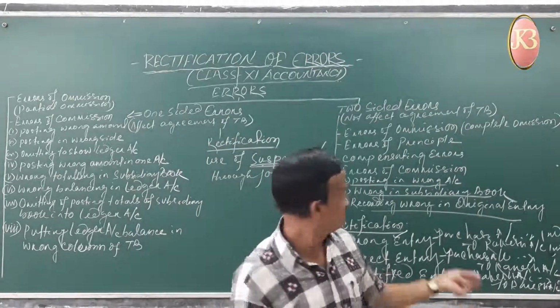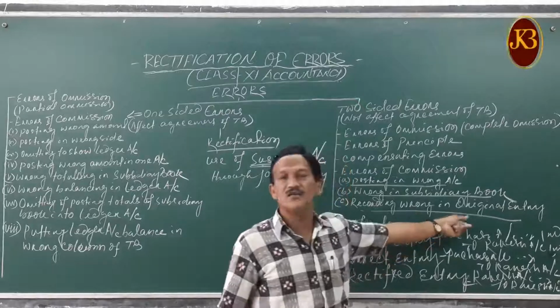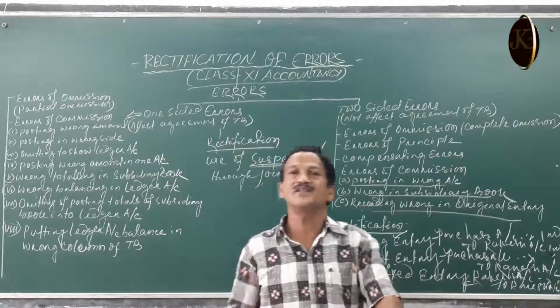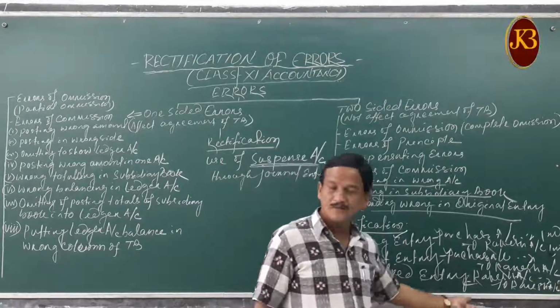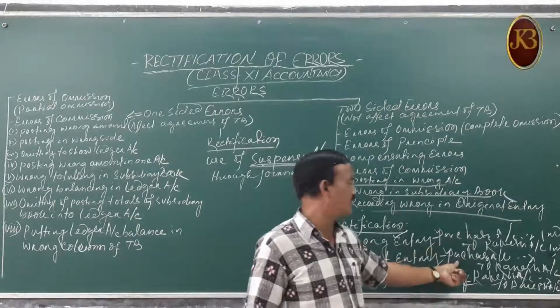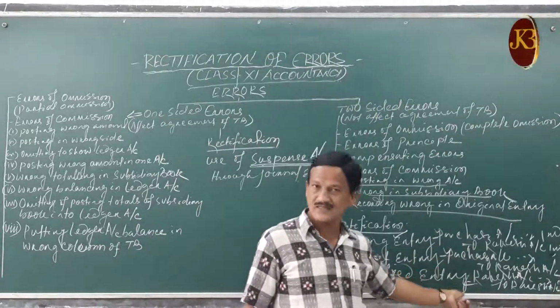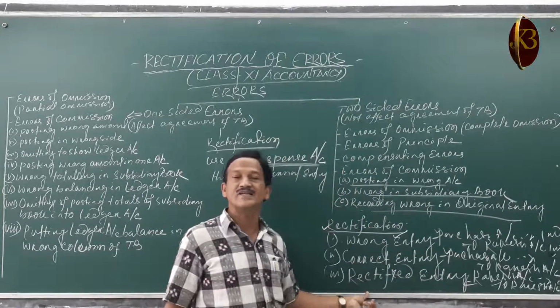So it will be rectified. Then recording wrongly in the original entries. In the journal, if it is wrongly recorded, rectify it like this. Write the wrong entry, make the correct entry, then do the rectifying entry.